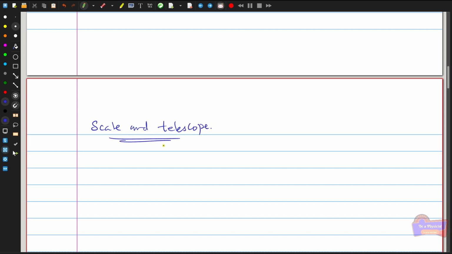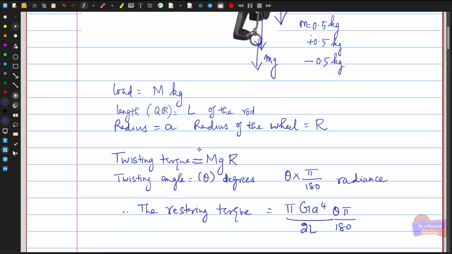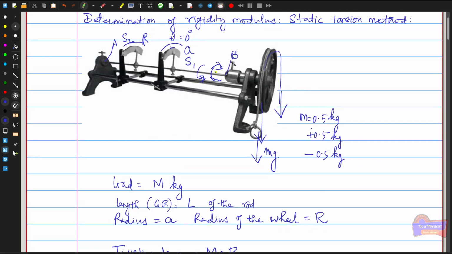You can see the schematic diagram of this scale and telescope, where we have the same apparatus. But instead of taking this scale, we are going to fix the mirror with one end. At the same time, we keep one telescope in the opposite direction at some distance. Along with this telescope, we also have a meter scale.